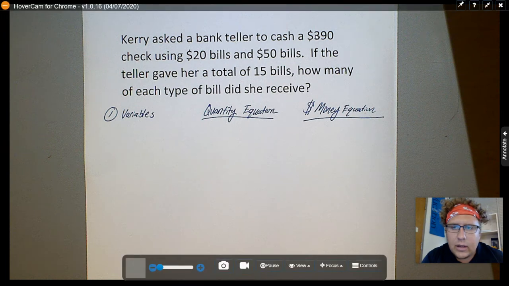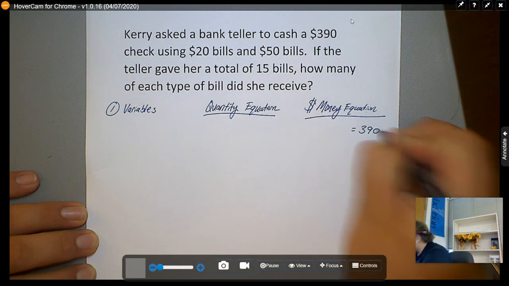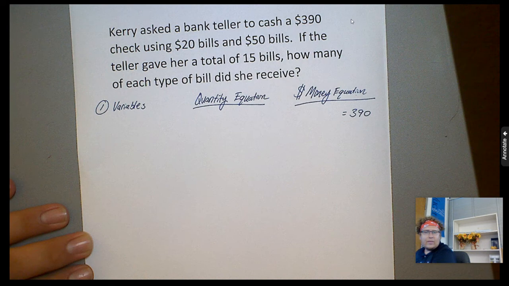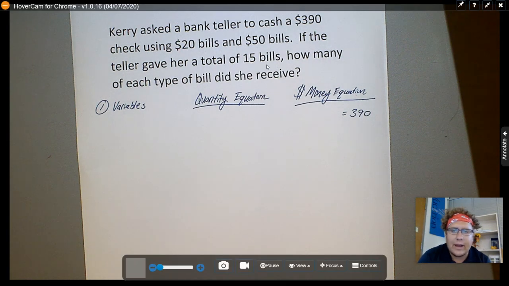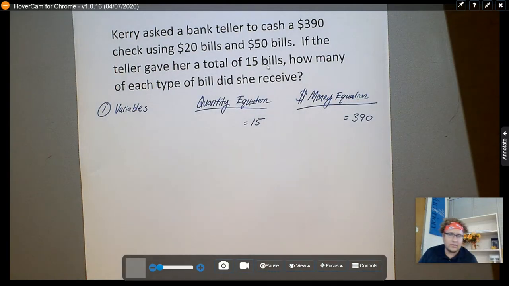I'm going to look in the information here, and it says that $390 was the total. So I know that 390 is going to be the money equation, and then the quantity equation is going to have 15 as our total, because there's 15 bills.